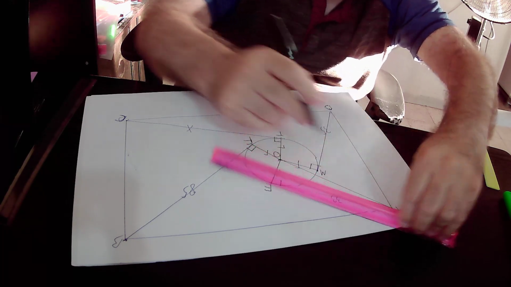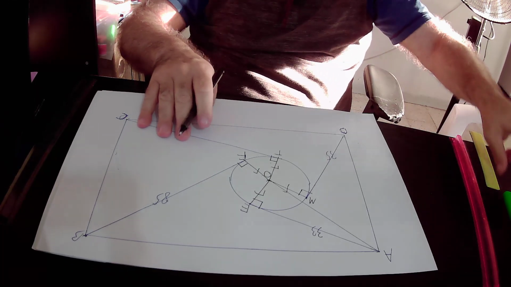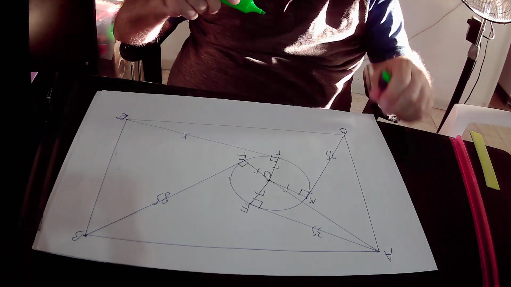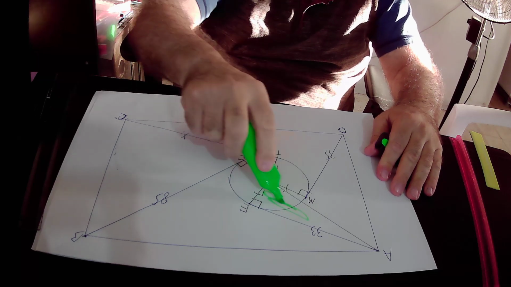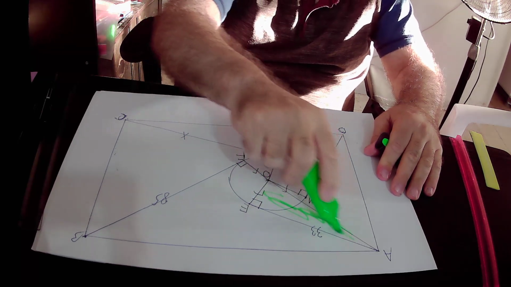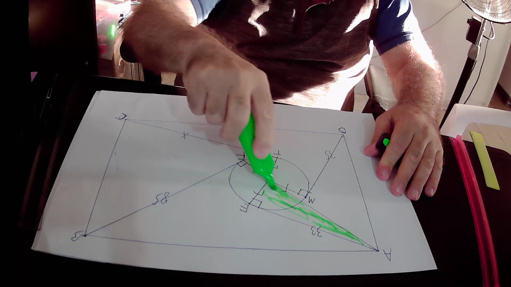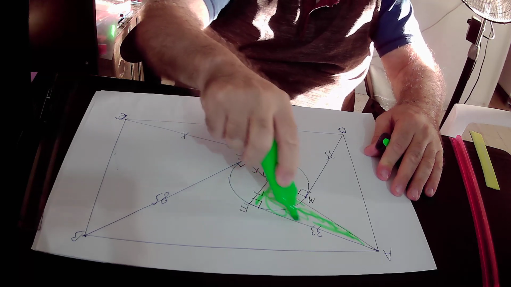By joining points O and A, we actually created the right triangle OAE. We will implement the Pythagoras theorem on the right green triangle, triangle AOE.